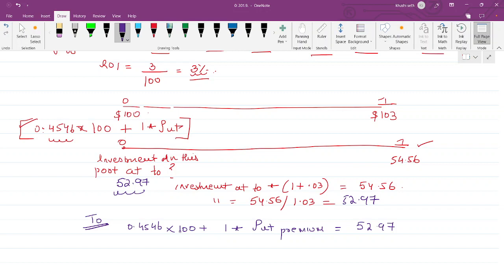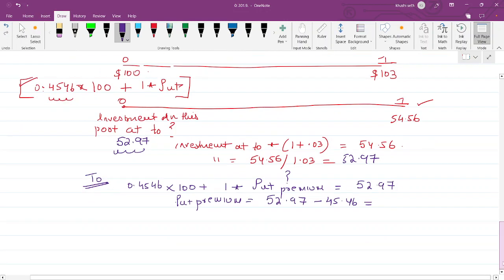Now the only unsolved variable is the premium of this put option. Let's calculate this. So the put premium is going to equal 52.97 minus 100 into 0.4546, that is 45.46.